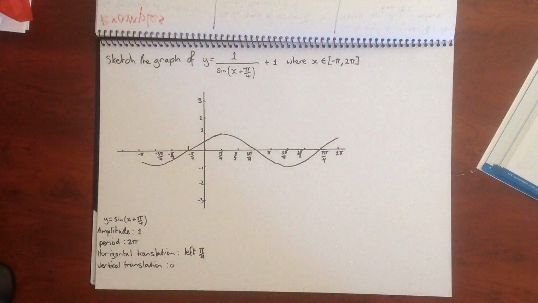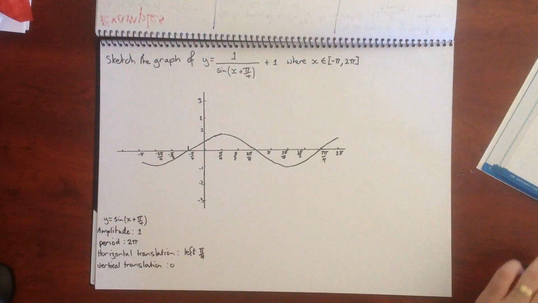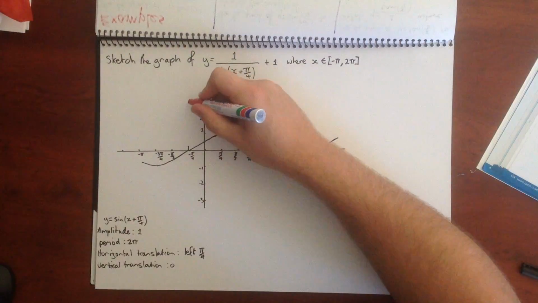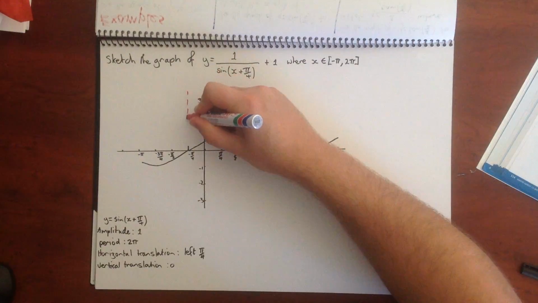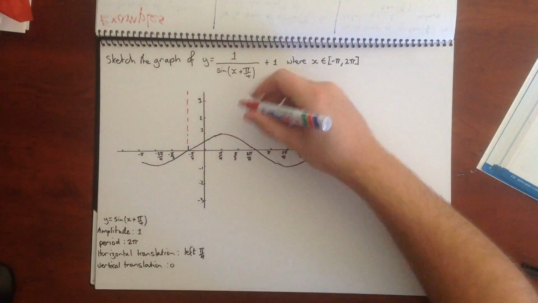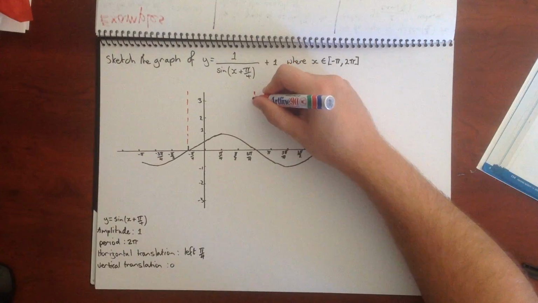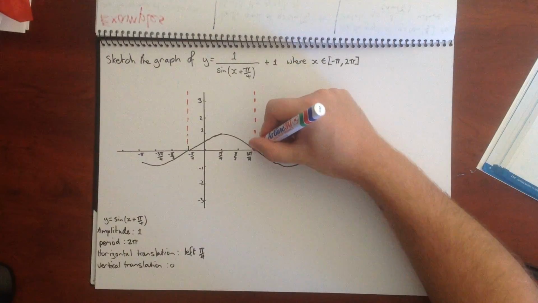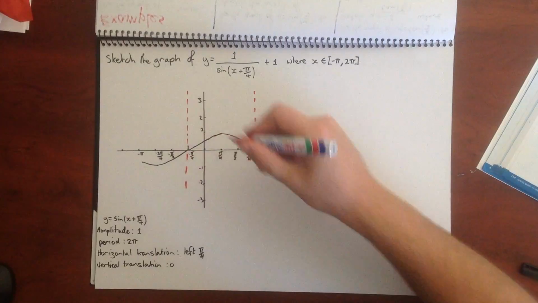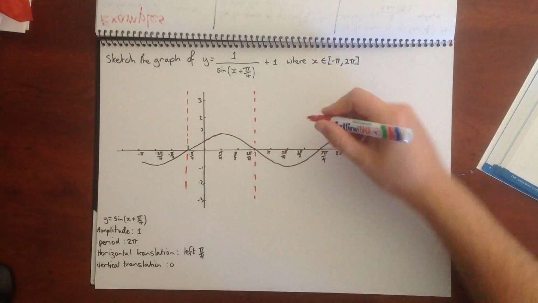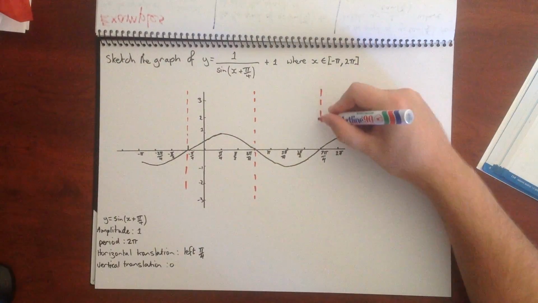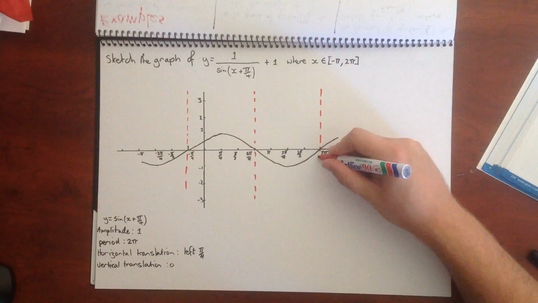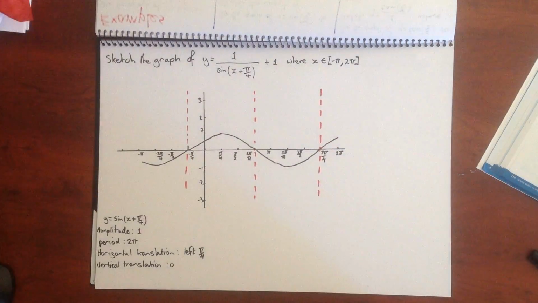Okay, so now we need to go, well, where are our x-intercepts? Make them our vertical asymptotes. Okay, now all we need to do here is go, well, where would we usually be?